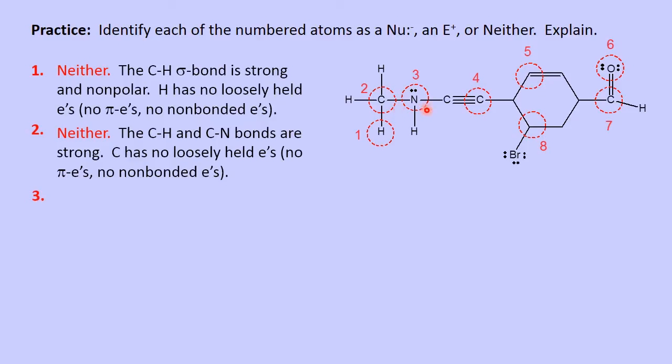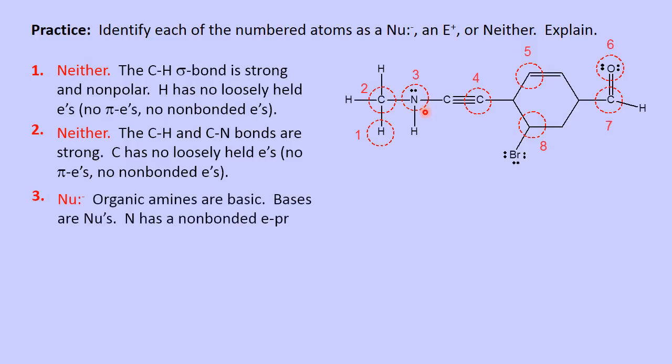What about this nitrogen, atom number 3? Well, I'm hoping you said nucleophile, because organic amines are basic. Bases are nucleophiles. Nitrogen has a non-bonded electron pair that it can donate. How about this alkyne carbon, number 4? Well, it's a nucleophile.